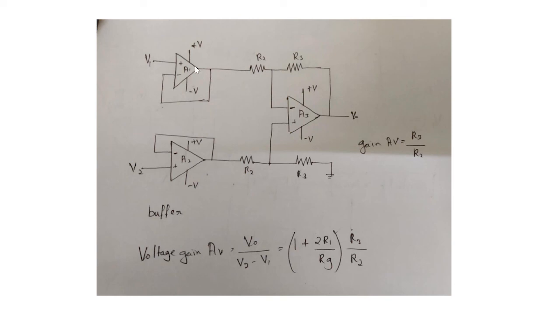When the circuit is shorted, A1 and A2 give a unity gain. The removal of R1 and RG simplifies the equation to AV equals R3 by R2.